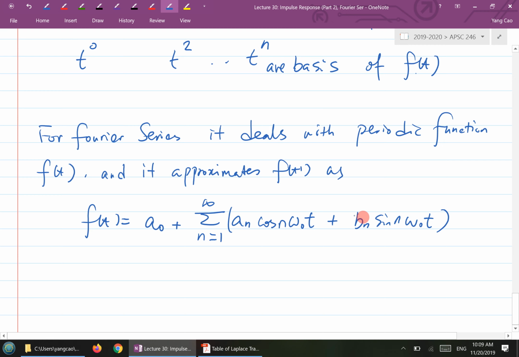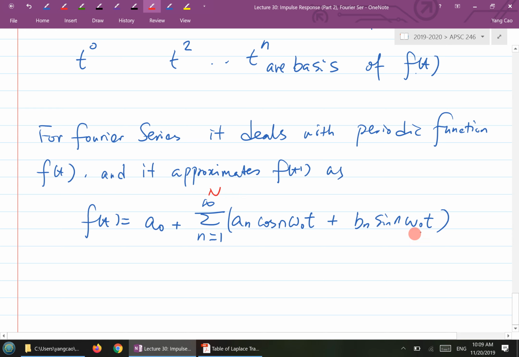And if you replace the infinity sign with, let's say, a finite number n, then you're approximating this f of t. Okay. Now, do you see the reason I went through these topics at the beginning?